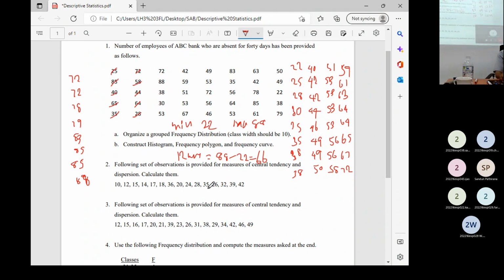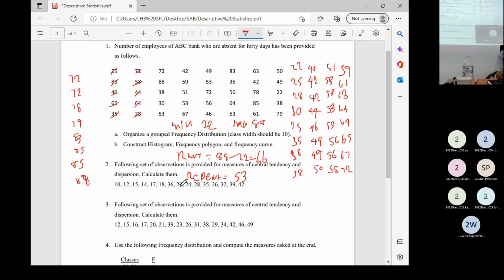Then you can check repeated observations many times because you can identify them continuously: 35, 38 two times, 40, 42 two times, 49 three times, 53 four times, 64 two times, 72 three times.